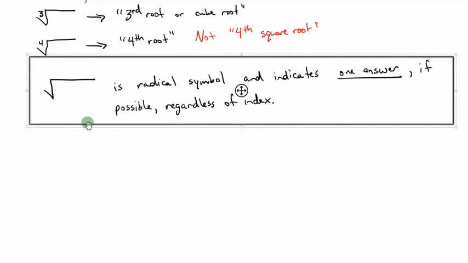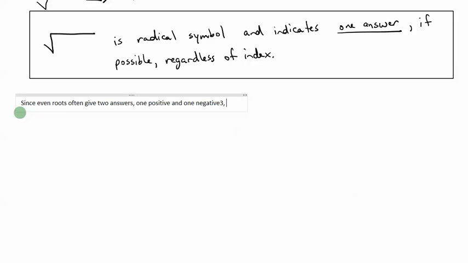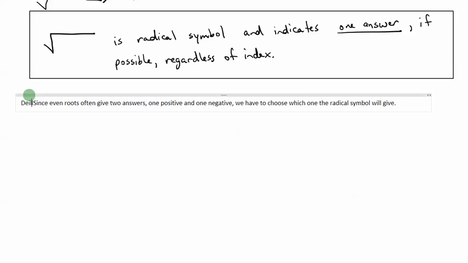So let's talk about a problem that this creates for us. Since even roots often give two answers, one positive and one negative, we have to choose which one the radical symbol will give, because it can only give one of those answers. So that's the dilemma here. And that's what we're trying to decide.